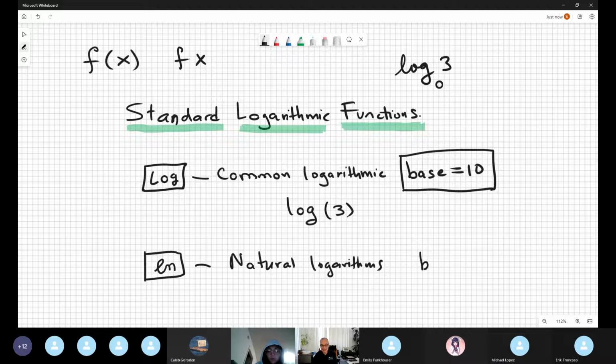The natural logarithm has as its base the famous number e we studied last class. e is irrational, an infinite decimal, approximately 2.71828, infinite non-repeating decimal. It's easy, you put it in any calculator.